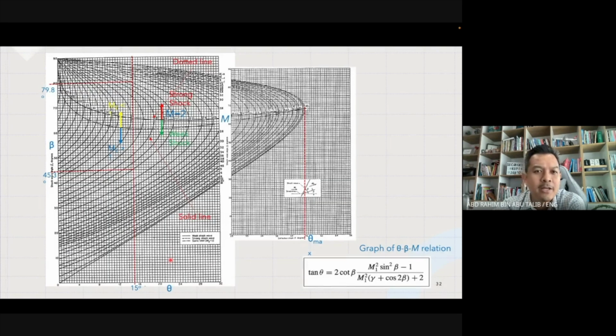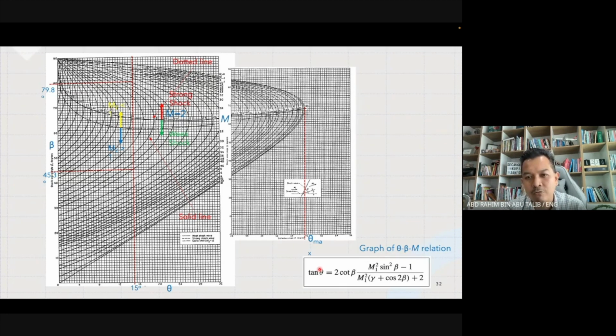It is a little bit too small to see, but I really encourage you to look at the textbook by Anderson, where you can zoom in to see the relation. I put it side by side because in the textbook it is not on the same figure. So basically it is a continuous figure.